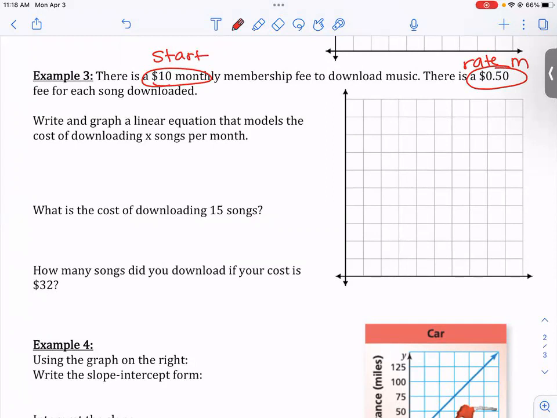Okay. So if this is slope and this is B, then we have y equals 0.5x plus 10. Oh, that should be an X. I'm sorry. Thank you, Corin.